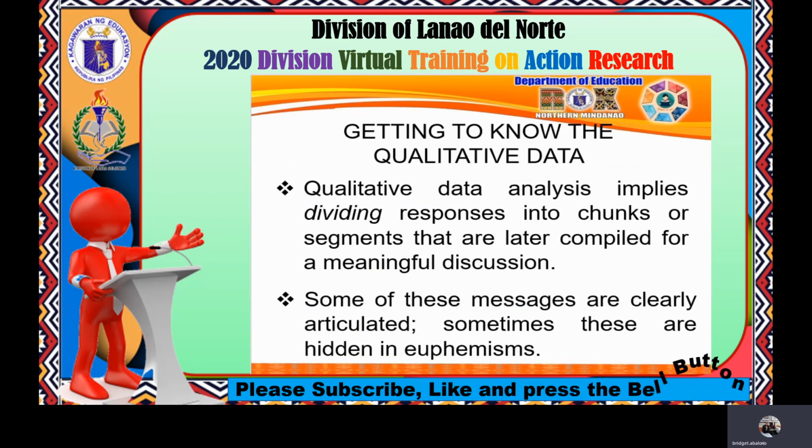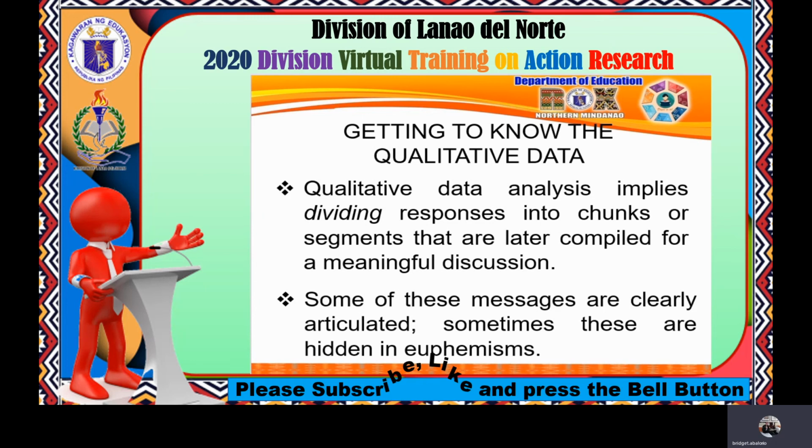Okay. So let us get to know what is meant by qualitative data analysis. Qualitative data analysis implies dividing responses into chunks or segments that are later compiled into a meaningful discussion. Some of these messages are clearly articulated.